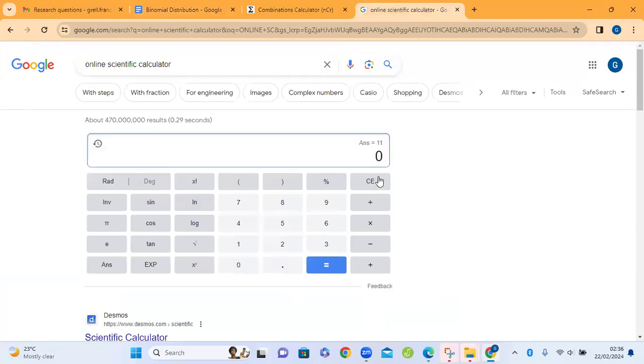So here we basically type this into our calculator or online scientific calculator, that is 4.07 times 1 minus 0.37, open close bracket, and this will give us a value of 2.5641.